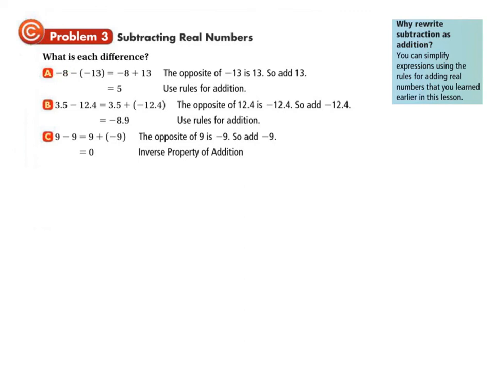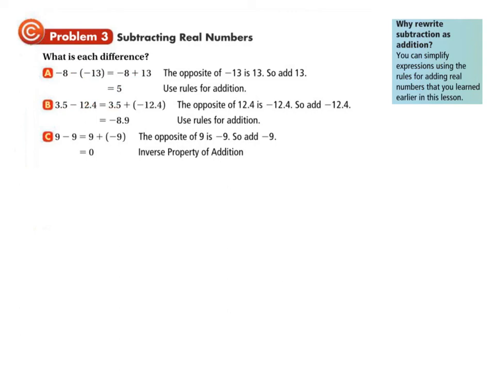So negative 8 minus negative 13, we keep the first number the same. This becomes addition by changing this to a positive number, negative 8 plus 13. Now the rule for addition is they have opposite signs, so we subtract their absolute values. 13 minus 8 is 5, and the bigger one was positive, so it's positive 5. Here we have 3.5 minus 12.4.